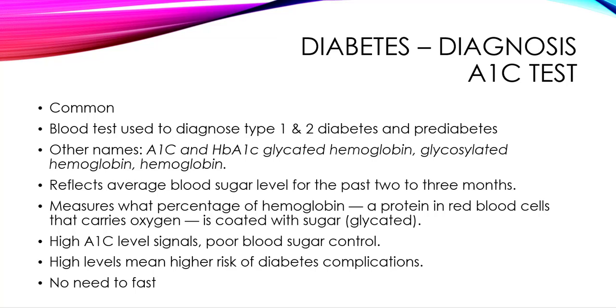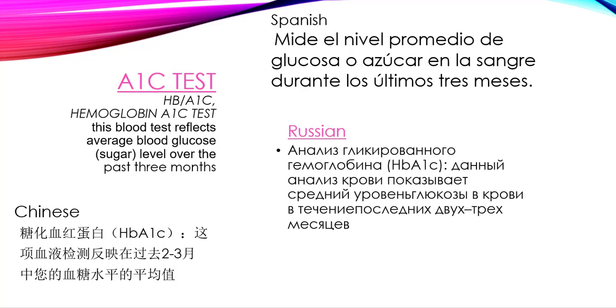We're going to take a look at the A1C test, which is commonly used to screen for diabetes, but is also commonly used to diagnose diabetes. The A1C test is also sometimes referred to as the HbA1c, hemoglobin A1C test as well. And this is a blood test that reflects the information about the average blood glucose level for the past 3 months.